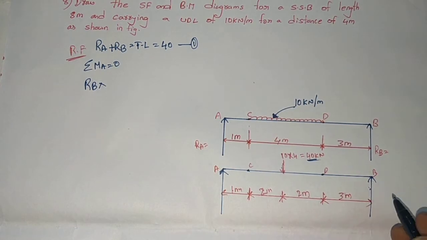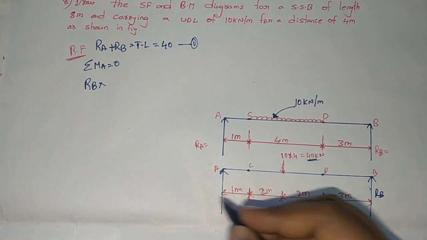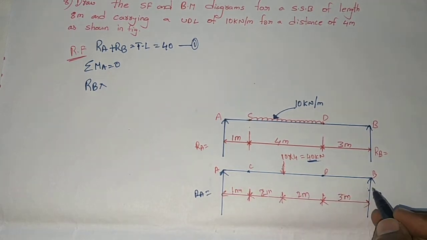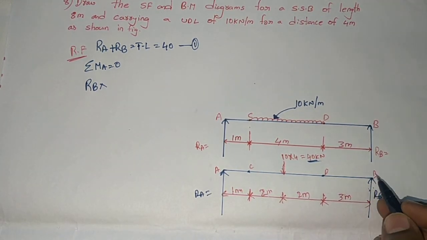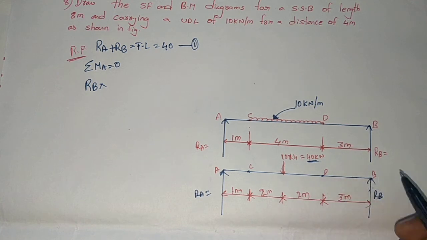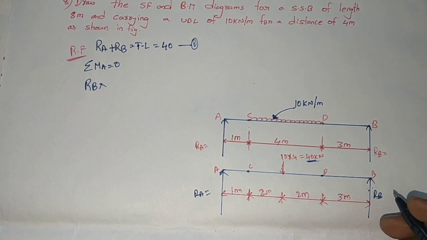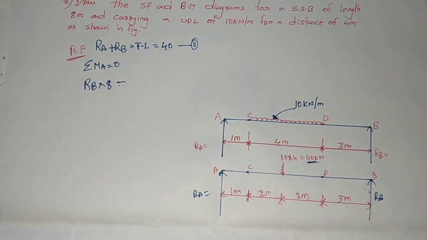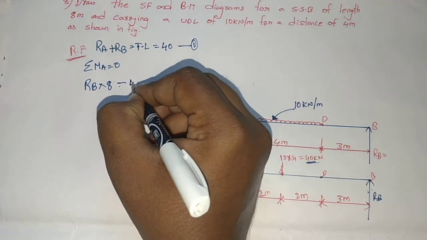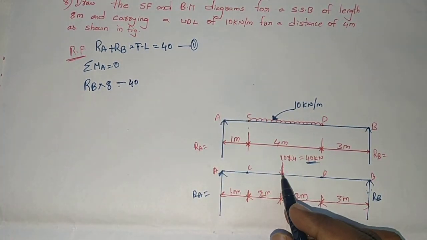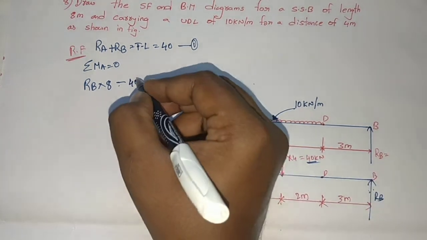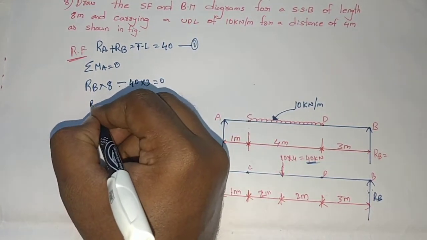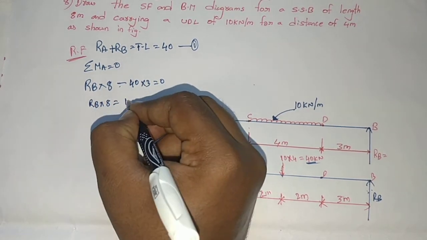RB is the reaction force at point B and RA is the reaction force at point A. RB acts anti-clockwise at a distance of 8 meters from point A. So RB into 8 minus 40, since the UDL acts downwards, clockwise, so it is taken as negative. The load is 40, acting at a distance of 3 meters, equals 0. Therefore RB into 8 equals 120.